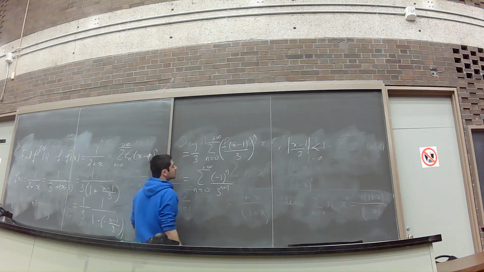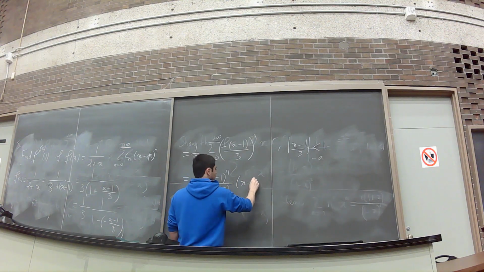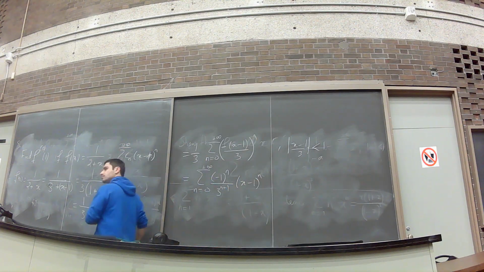So we get 3 to the n plus 1 in the denominator. Did I have it right? Yeah, x minus 1 to the n.